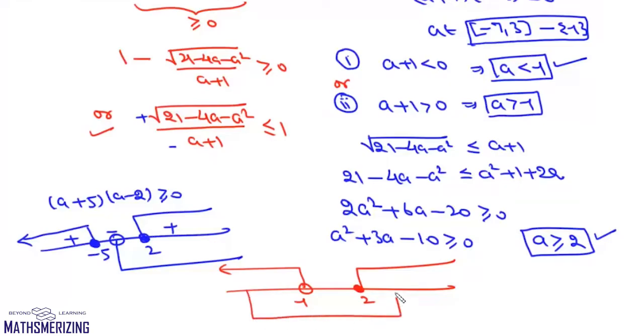So it will be from minus 7 to 3, both inclusive, except minus 1. So the values of a which are common to all the conditions are a belongs to included minus 7 to not included minus 1 union included 2 to included 3.